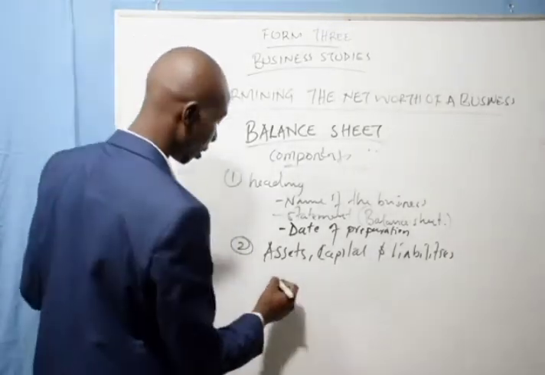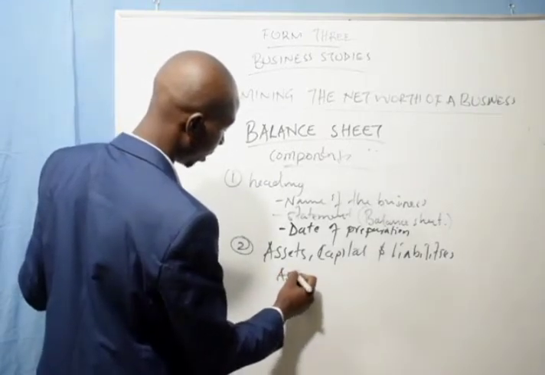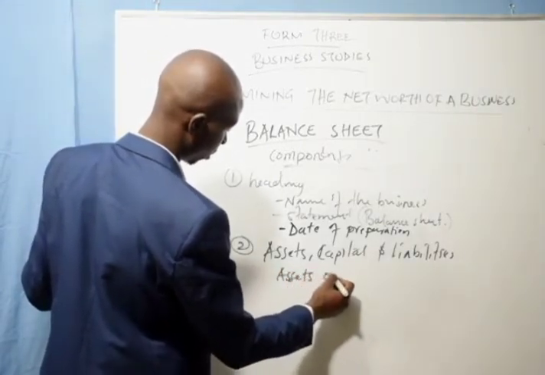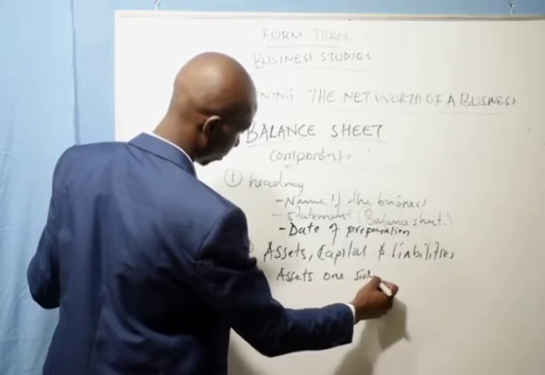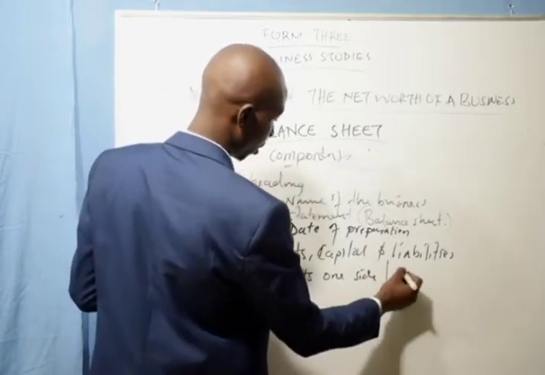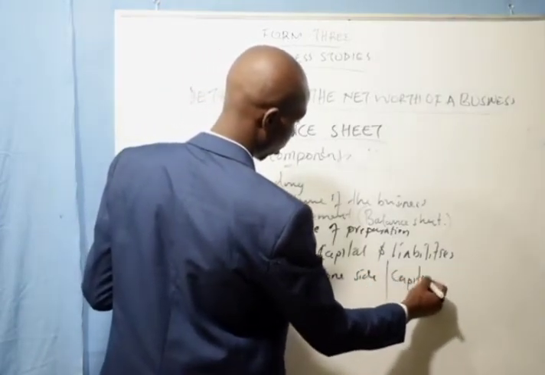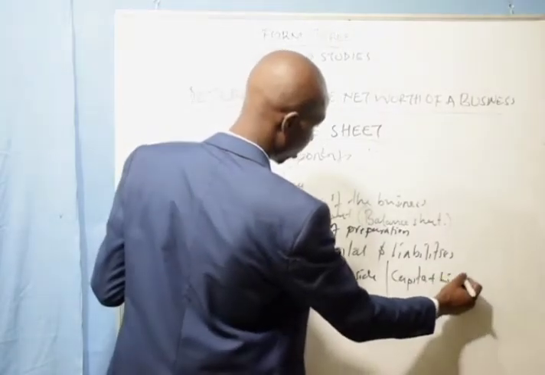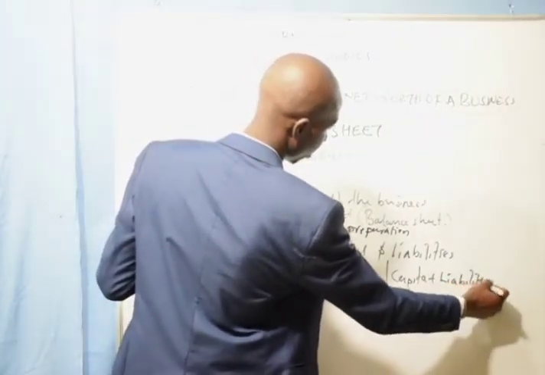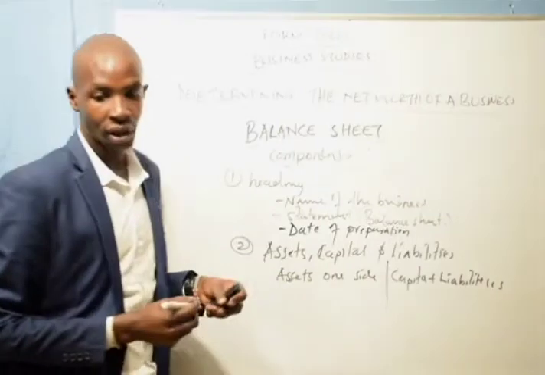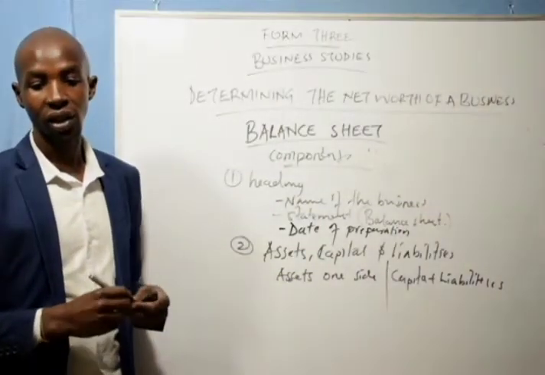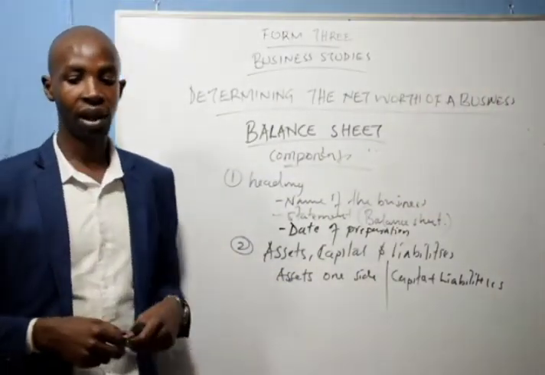So, assets on one side, capital plus liabilities on the other side.